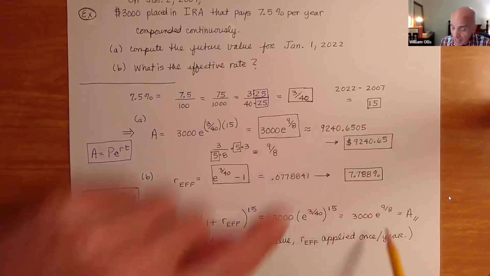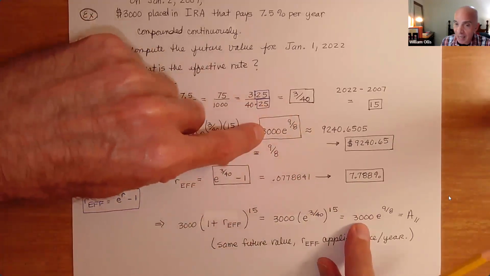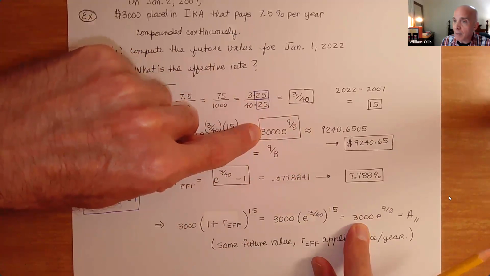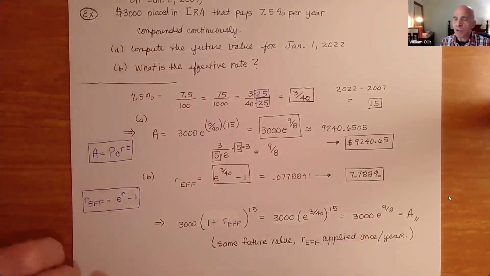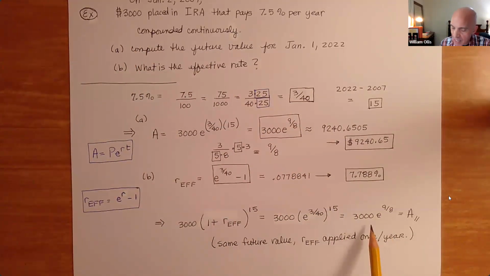So you see the calculation is exact. You get the same thing. So that's why we talk about effective rate. We're thinking, what is the corresponding simple interest rate for the year? So if we just forgot the continuous compounding and applied once per year for 15 years, that is compound interest, one-time application per year, we get the same amount.